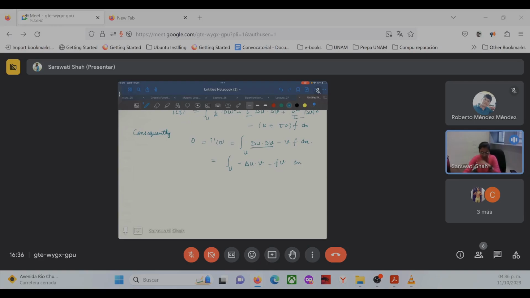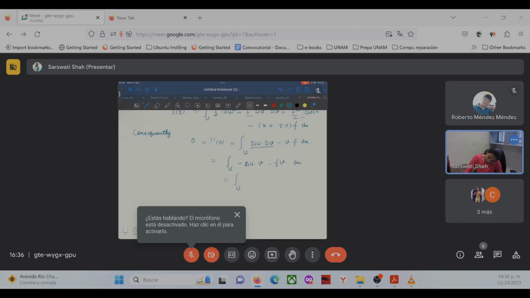One derivative is passed onto the other. So this is equal to the integral of (minus Laplacian of u minus f) v dx, that is equal to 0. This identity is valid.